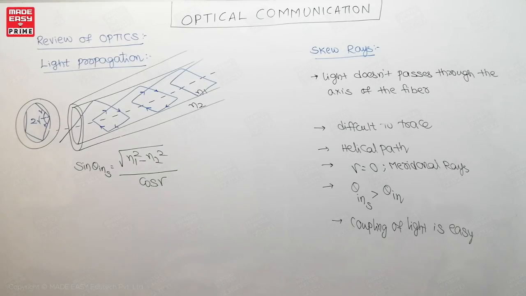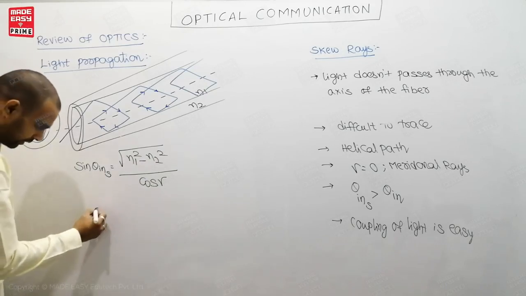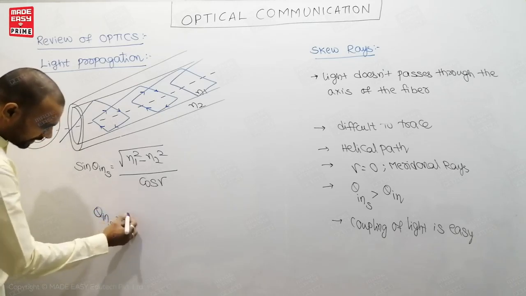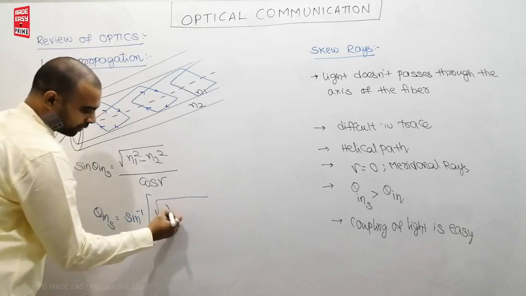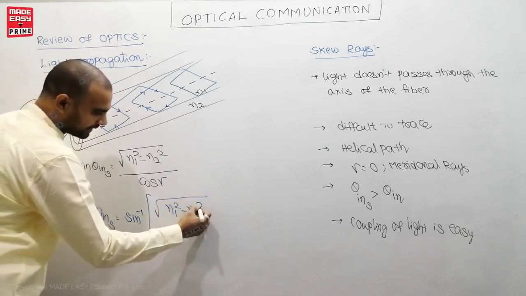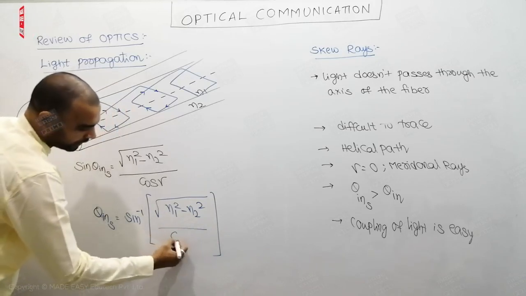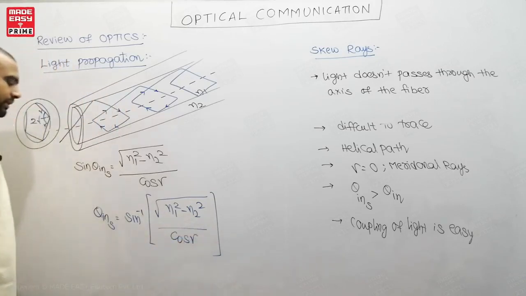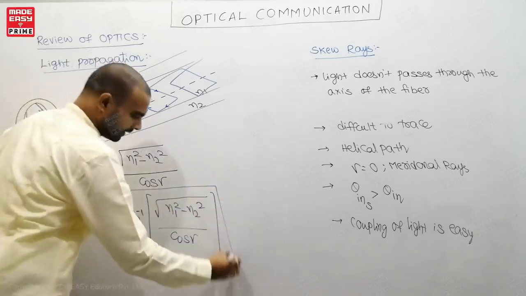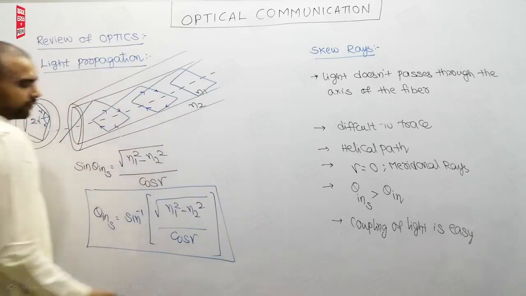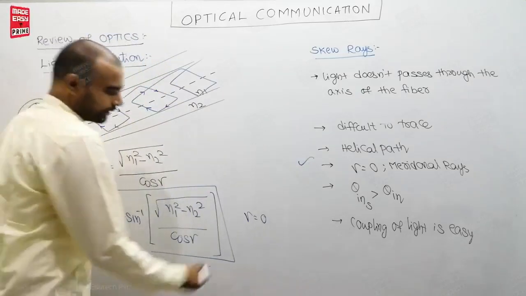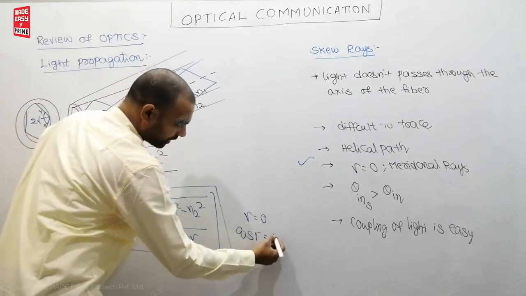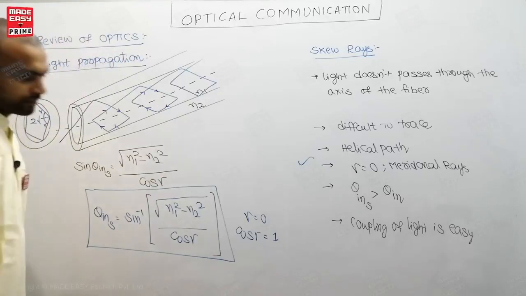So we can also write theta in S is equal to sine inverse of the square root of n1 square minus n2 square, whole divided by cos gamma, and this is called theta in S. I told you in the classroom, if gamma is equal to 0, then cos gamma, that is cos 0, is equal to 1.